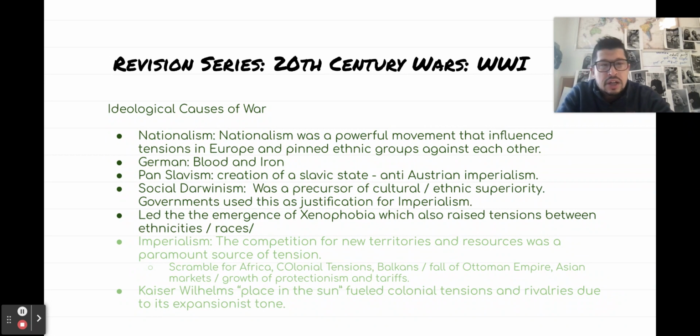And that's going to cause tension in the Balkans as the Ottoman Empire is falling, as well as tension in Asia, as that is the next place to go, not necessarily for the raw materials, but definitely for the markets that it provided us. And again, if you don't have colonies in Asia and you don't have access to those markets, i.e. Germany, that's going to cause a large part of the tension puzzle that we're trying to piece together here.